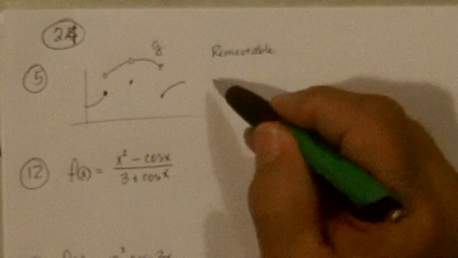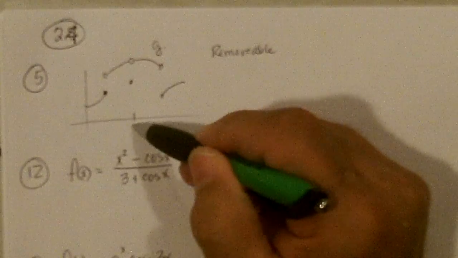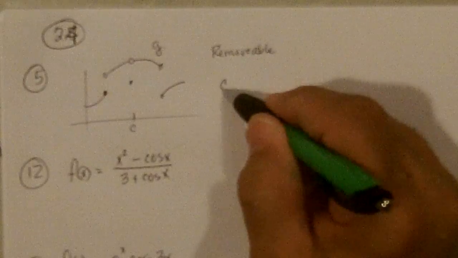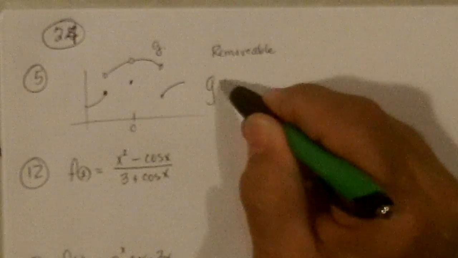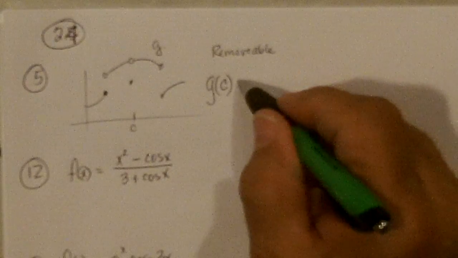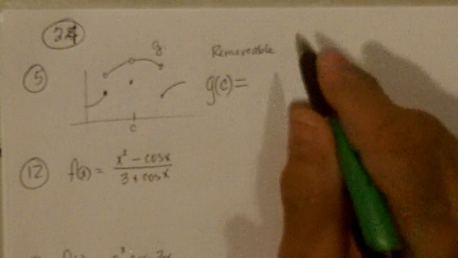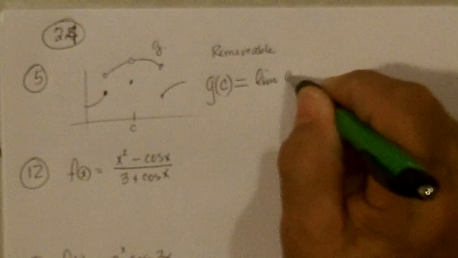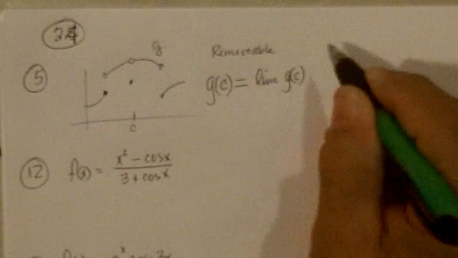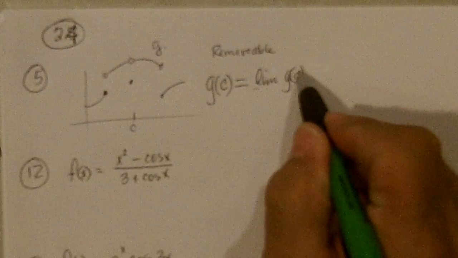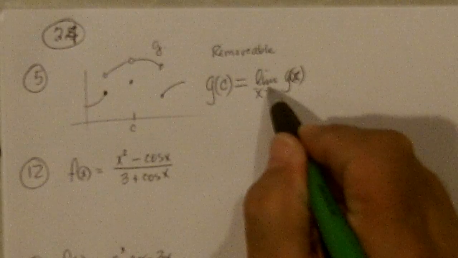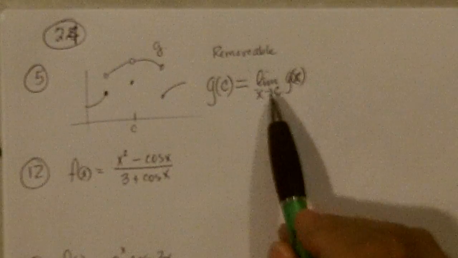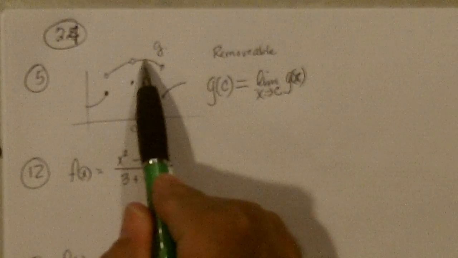And so let's say at this point, this is our C. G of C needs to be changed so it's equal to either the left or right-hand limit, the limit of G of X as X approaches C. So this is saying there's a limit here.